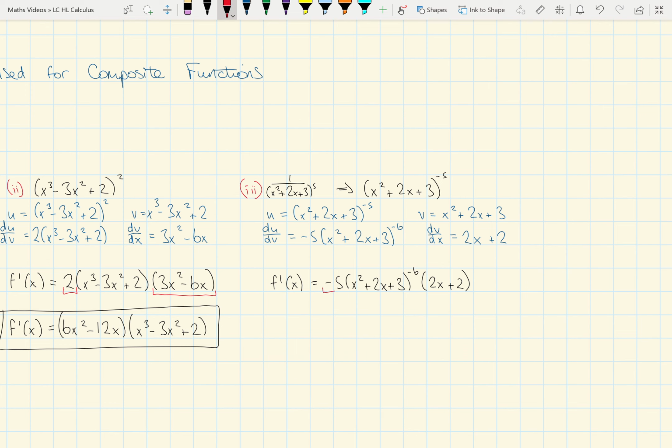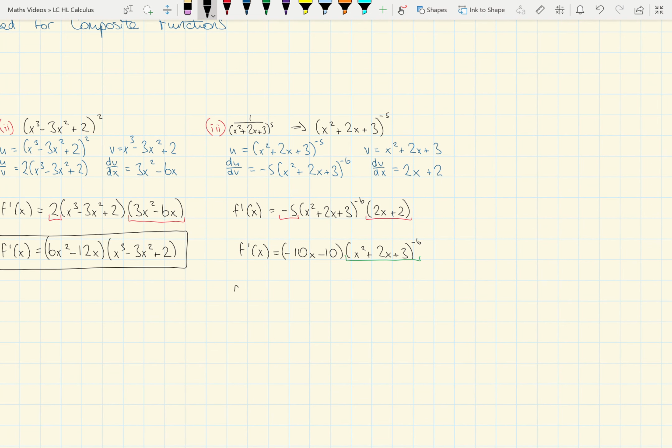Again, I'm seeing here first by last, I can multiply. So we'll get minus 10x minus 5 by plus 2 will give me minus 10 bracket x squared plus 2x plus 3 to the power of minus 6. Here now for notation, this minus 6 I know I can turn back into its fraction.